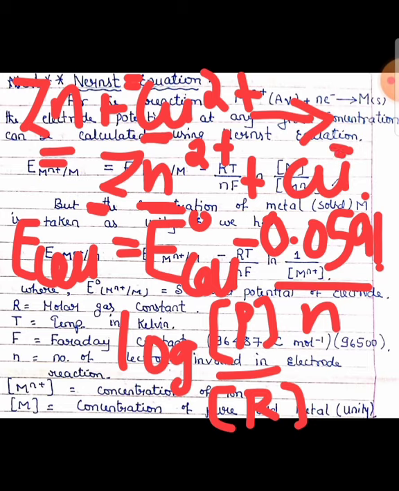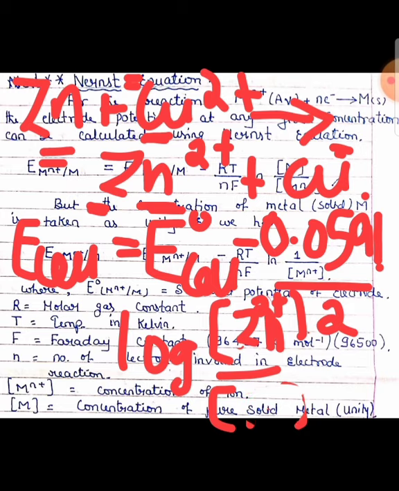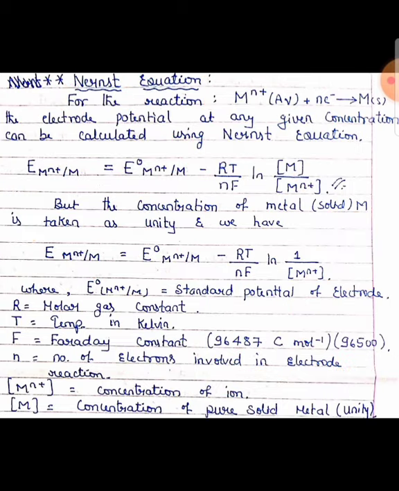In place of n we can write 2, as n is the number of electrons, and in the place of product we can write the concentration of zinc ion Zn2+, and in the place of reactant we can write the concentration of copper ion, because copper ion is on the reactant side. So this is the Nernst equation for this particular type of reaction.